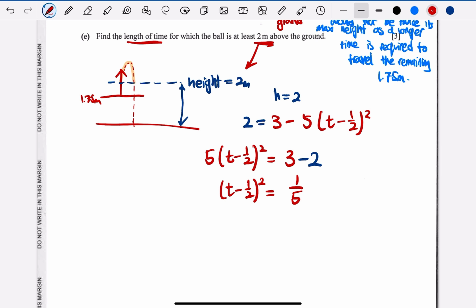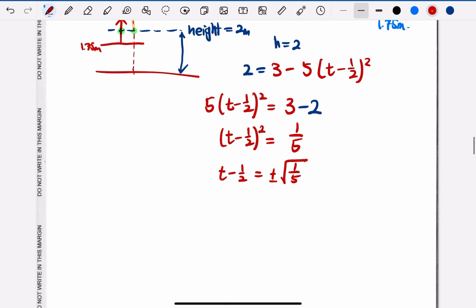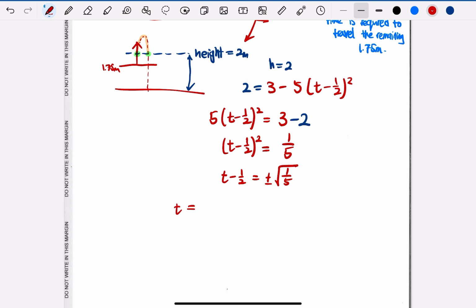And take note, there are going to be 2 times at which this happens. One when the ball is traveling upwards, and one when the ball is traveling downwards. So when we square root it, we will have our plus minus. And when we solve for this, we just get time equals root 1 over 5 plus half, or time equals negative root 1 over 5 plus half.